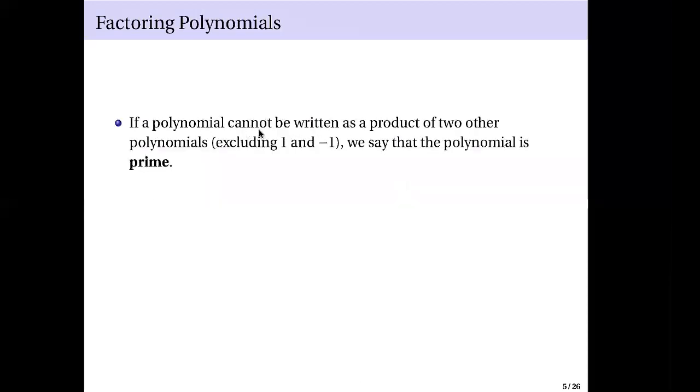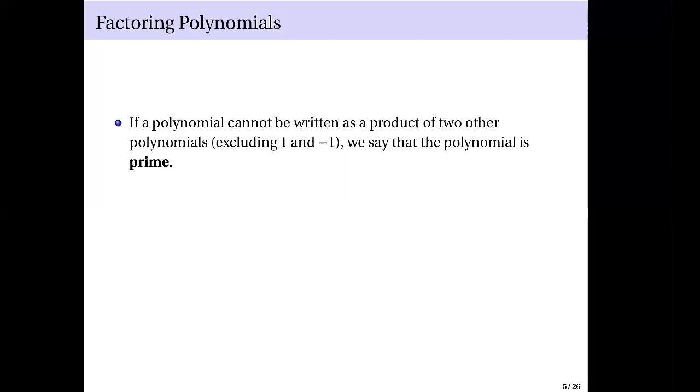So if a polynomial cannot be written as a product of two other polynomials, excluding 1 and negative 1, we say that the polynomial is prime. Just like in the integer case, you have your prime numbers, 2, 3, 5, 7, etc. They are called prime numbers if they can only be written as a product of 1 and the number itself.